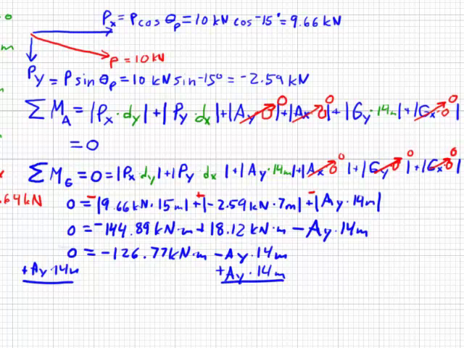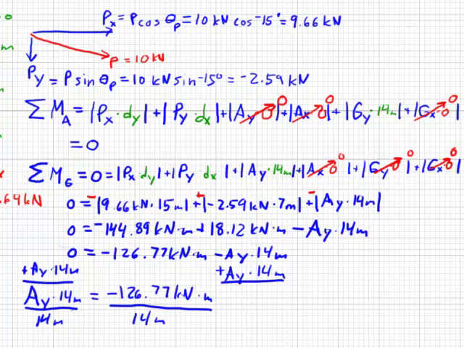And these will cancel out. So on this side of the equation we have Ay times 14 meters equals negative 126.77 kilonewton meters. Divide both sides by 14 meters. That meter cancels out with that meter.